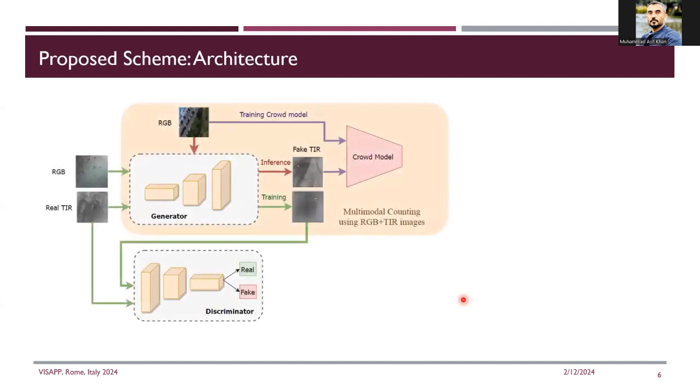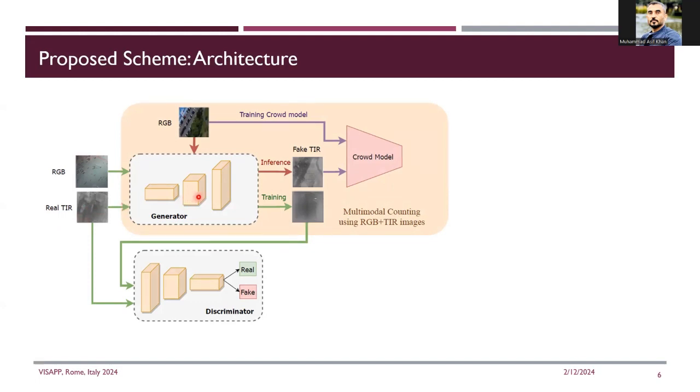This slide shows the proposed architecture with the Pix2Pix GAN and the integrated crowd model for crowd density estimation on some benchmark datasets. As you can see here, we use RGB images and real thermal images captured from thermal cameras to train a generator.